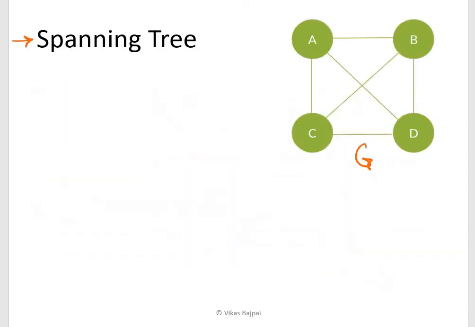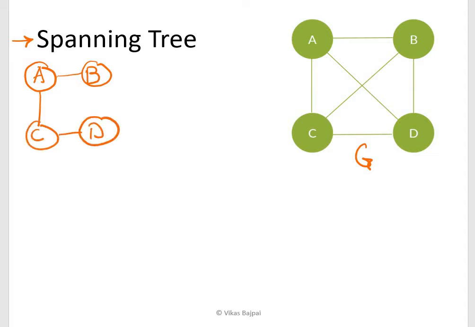So what we can do is, one of the possibilities of a spanning tree can be, let's say I have this A, I have this B, I have this C, I have this D. So this is also one of the spanning trees. I have all the vertices, and these vertices are connected.